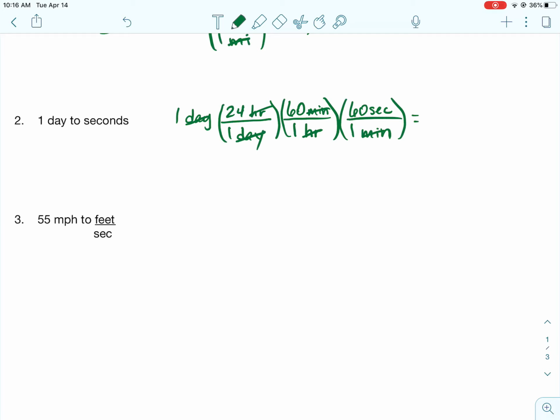So I'm going to cancel that by putting it on the opposite side. And then I know there's 60 seconds in 1 minute. That will cancel minutes. And then all of these are in the numerator, so you would just multiply 24 times 60 times 60. And that's going to give you 86,400 seconds in a day.